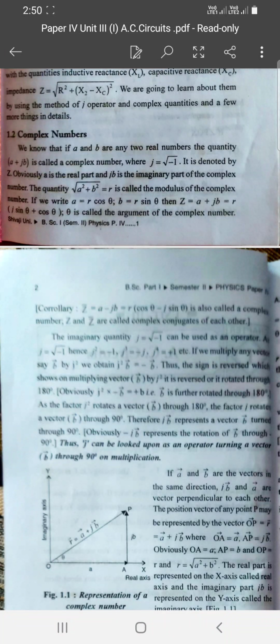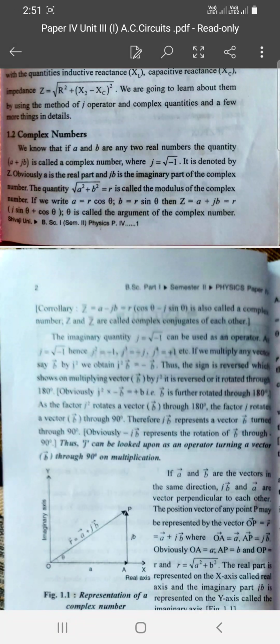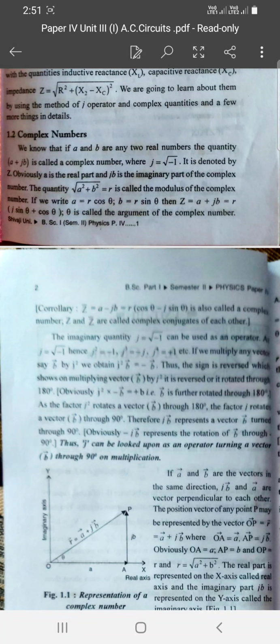The position vector of any point P may be represented by the vector OP bar equal to R bar, equal to A bar plus jB bar. OA bar is simply A bar, AP bar is equal to jB bar, and its magnitude is R. Therefore, R is equal to square root of A squared plus B squared. The real part is represented on the x-axis, hence it is called the real axis, whereas the imaginary part jB is represented along the y-axis, hence it is called the imaginary axis.